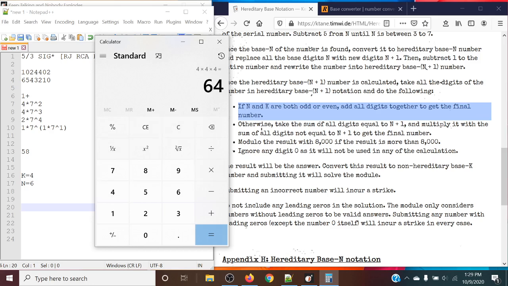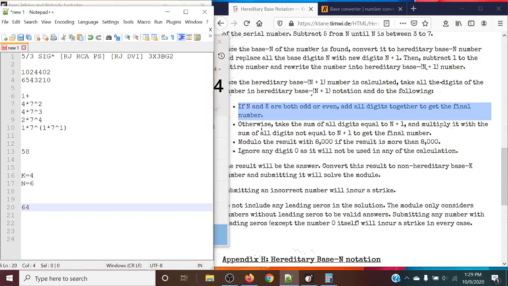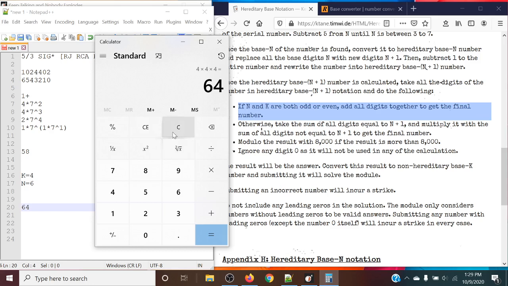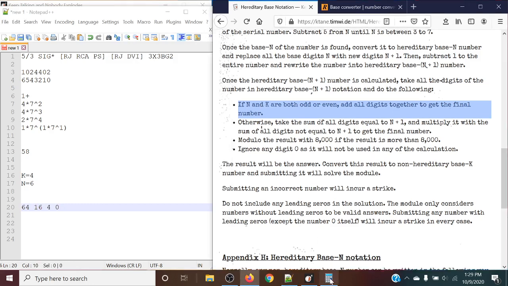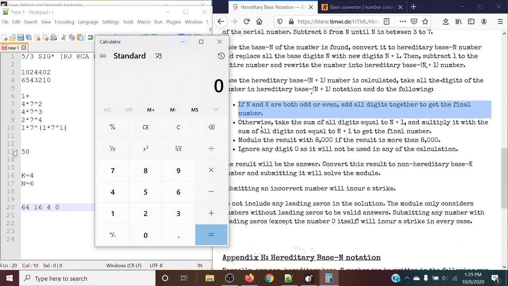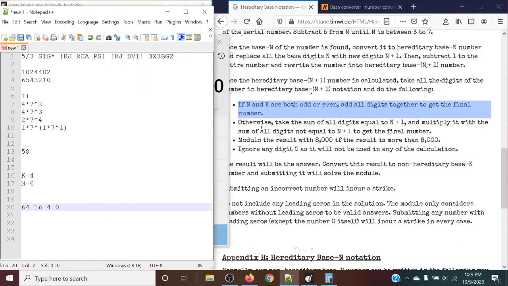Then we have 4 times 4 being 16, then we have 4, then we have 1. So now let's figure out how many times we can get 64 into 58. We cannot, because that is lower than that.